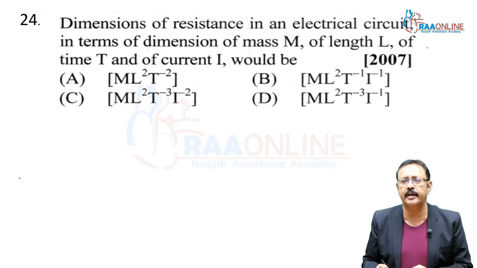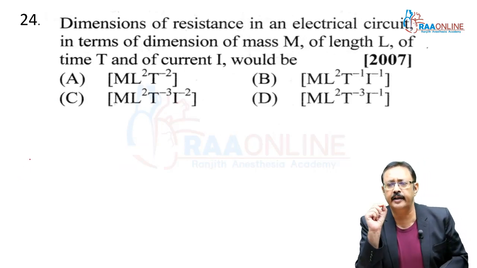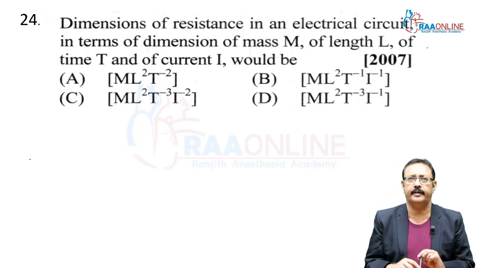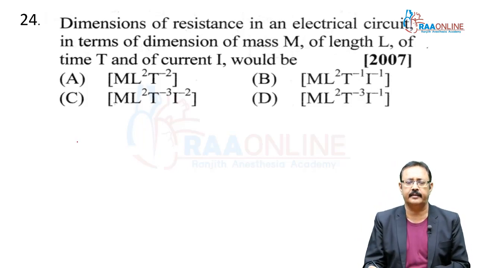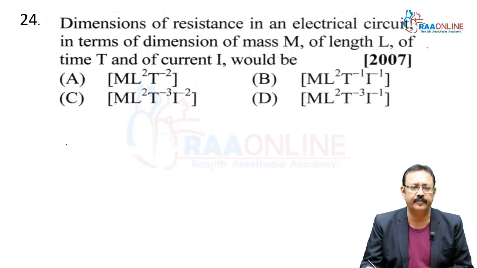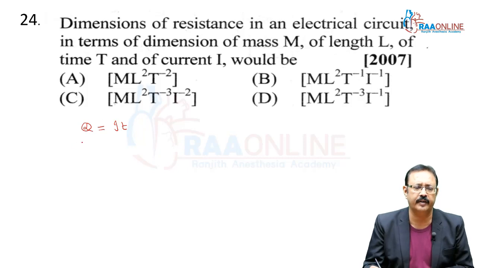Dimensions of resistance in an electric circuit in terms of M, L, T and I. So many methods are there; you can go with any one. You know that Q is equal to I into T. What is current? By Ohm's law, V upon R. What is voltage? W upon Q. Take R on one side.